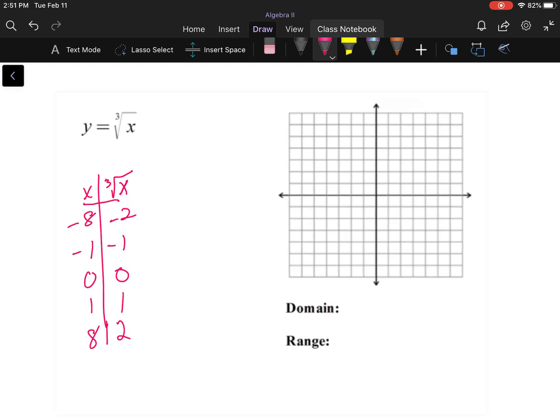So negative 8, 1, 2, 3, 4, 5, 6, 7, 8, down to negative 2. So domain x is now back to all real numbers because I have no restrictions on that, and so is my range.